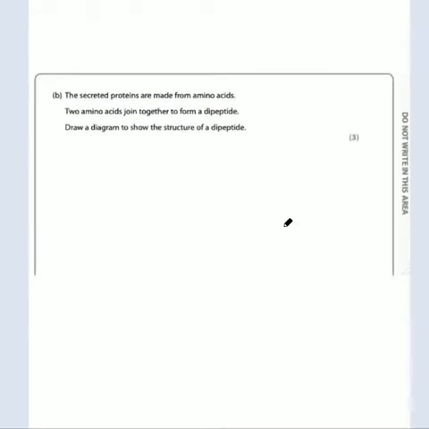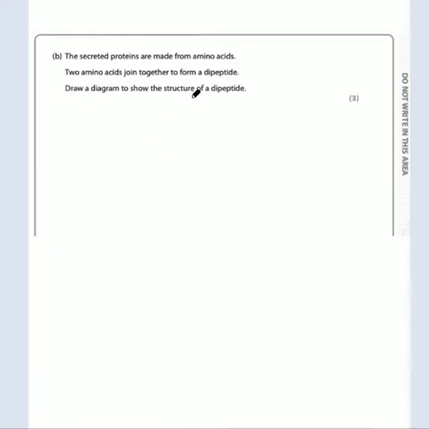Moving on. The secreted proteins are made from amino acids. Two amino acids join together to form a dipeptide. Draw a diagram to show the structure of a dipeptide. Okay, so a dipeptide is two amino acids joined together, but what they're testing here is the ability to know how to draw a peptide bond. And so you know what two amino acids look like.